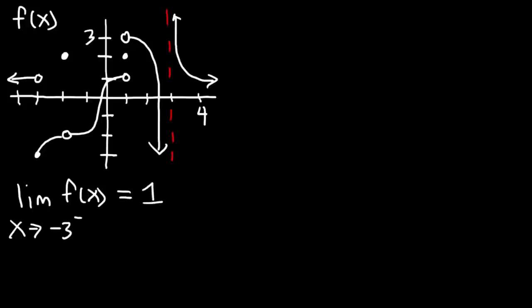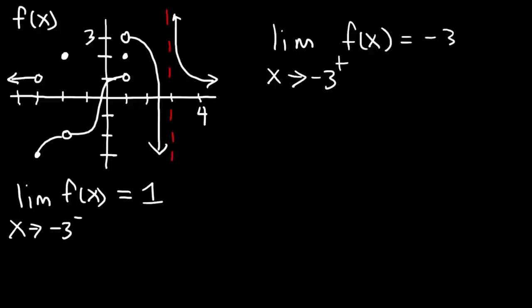Now what about from the right side? So you want to approach the vertical line at negative 3 from the right. So we follow this curve. Notice that the y value here is negative 3. So the limit as x approaches negative 3 from the right side is negative 3.